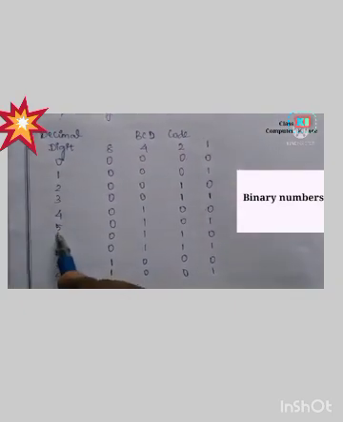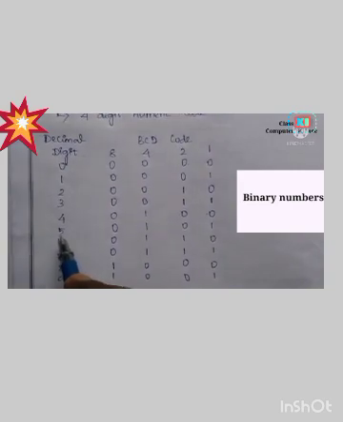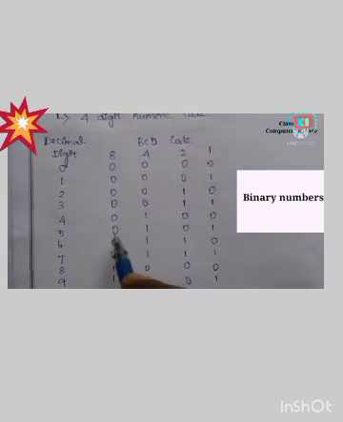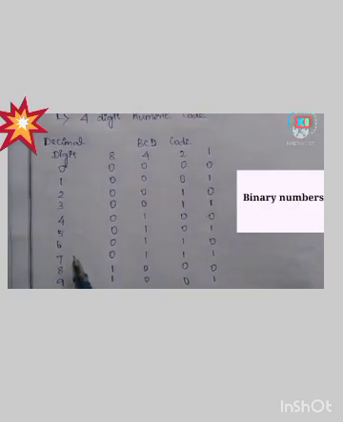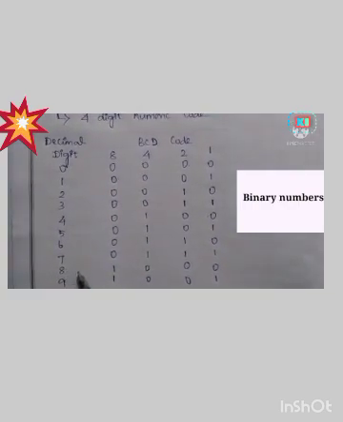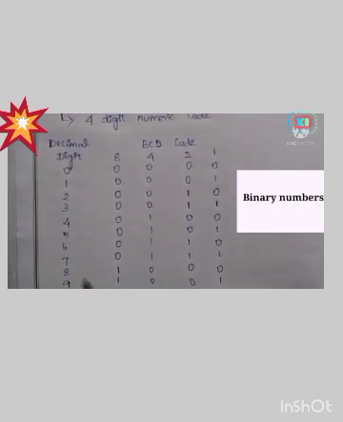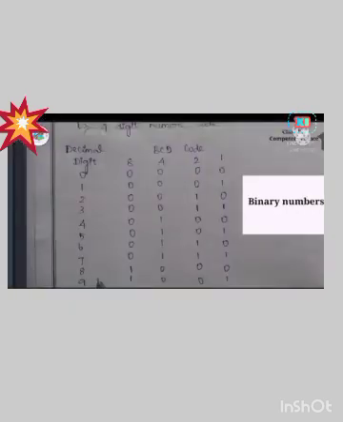In the place of positional weight 1, we have to put 1. And in the case of 2, we have to put 1 in the positional weight 2. 0, 0, 1, 0. In the case of 3, we can get the binary number by putting 1 in the places 2 and 1. Okay.